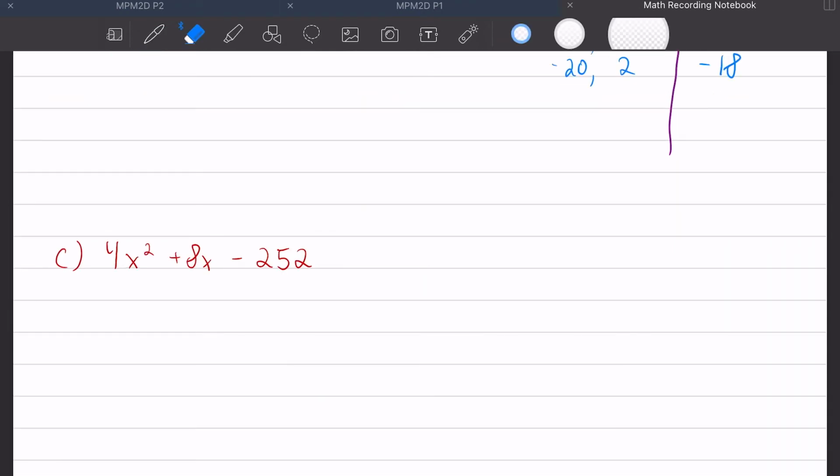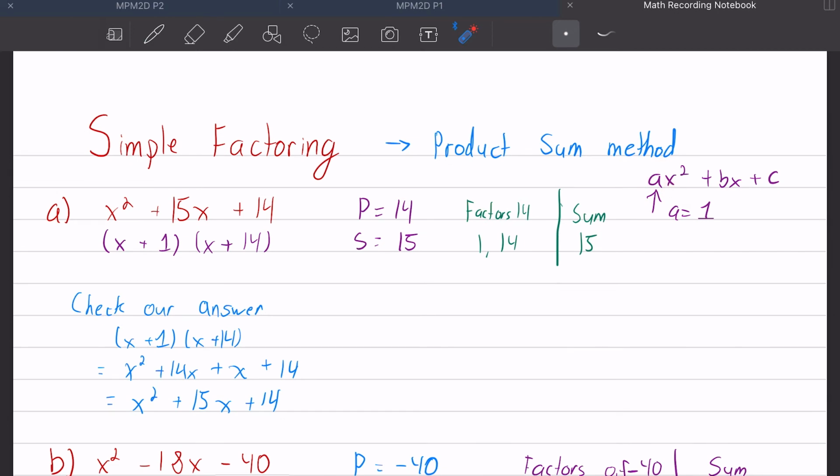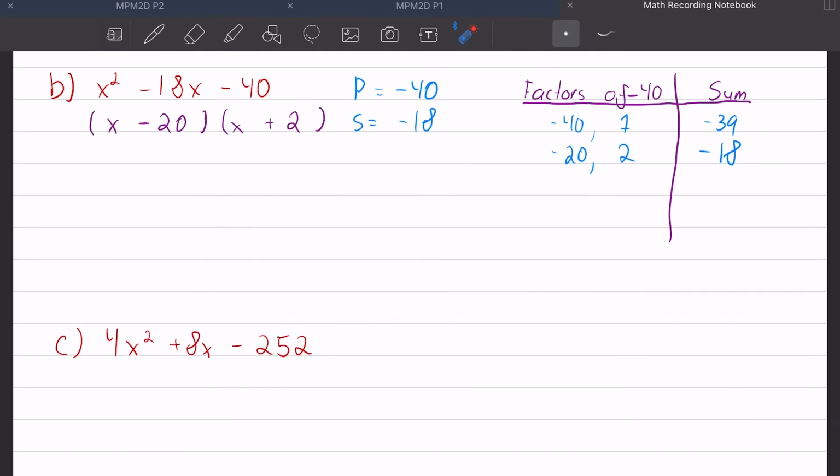All right, now the last one here, we have 4x squared plus 8x minus 252. This one doesn't fit the method we usually use because the a, which is right in front of the x squared, is not 1.